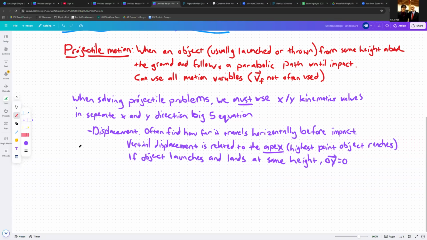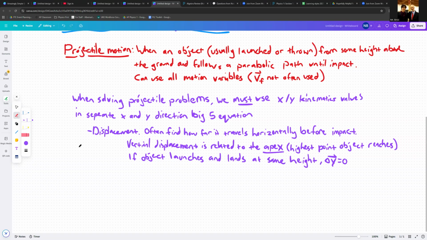All that means is if we launch an object from ground level and it travels in a parabolic arc through the air, hits its apex, comes back down, and lands at the same height it launched from, displacement is the difference between starting and ending position. Remember that displacement doesn't care about the path in between, or what happened in the middle.